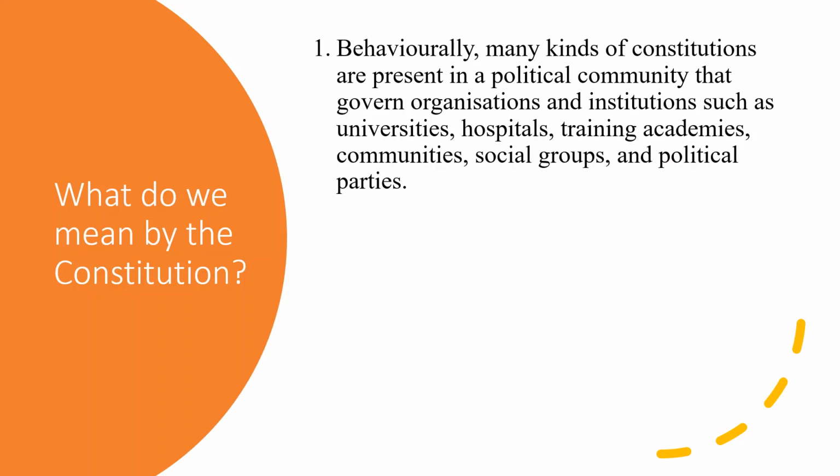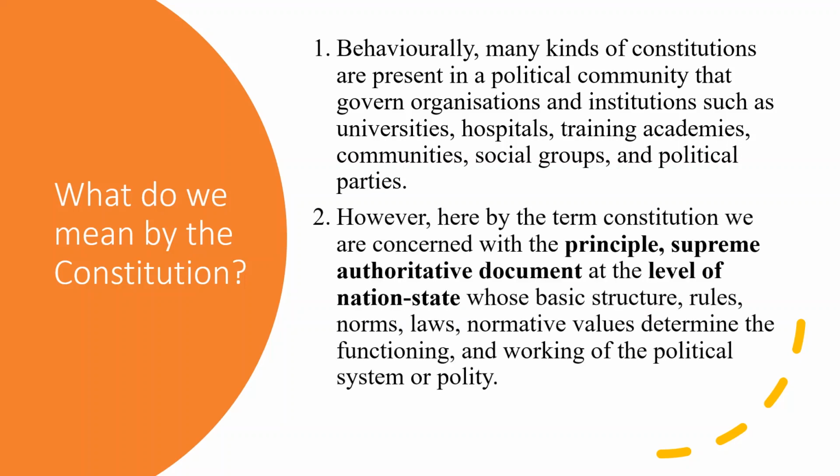As I already discussed in the first slide, there could be constitutions of, let's say, universities, training academies, communities, social groups, etc. But by the term constitution, we are concerned with the principal supreme authoritative document at the level of nation state, whose basic structure, rules, norms, laws, and normative values determine the functioning and working of the political system or polity. So suppose you have to write a big statement, you can use this in your answer.